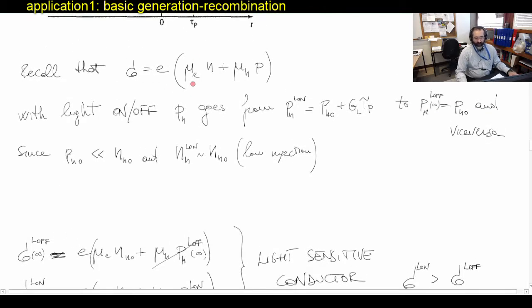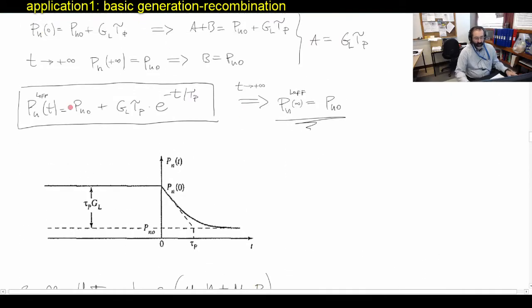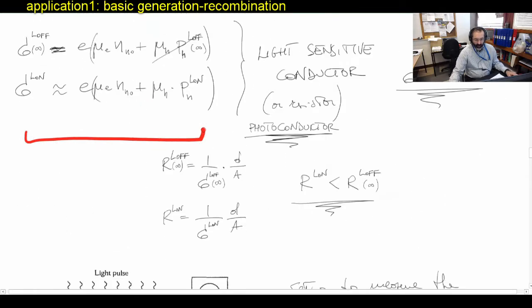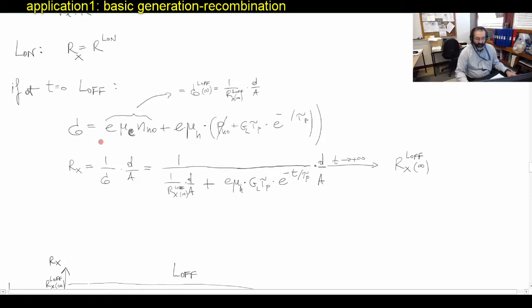Sigma is this quantity, so we need to replace n with n0 and p with pn L off, which you remember we found here. So I do these substitutions, and when the light goes off, sigma is actually this.